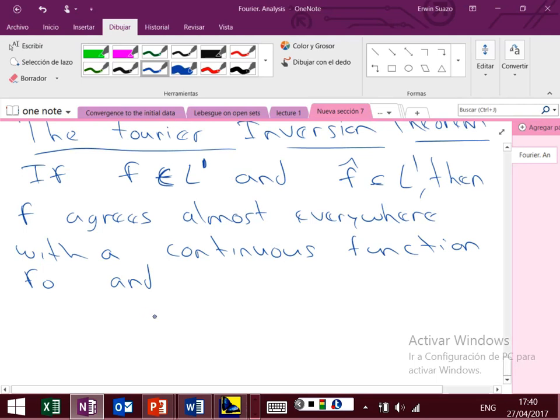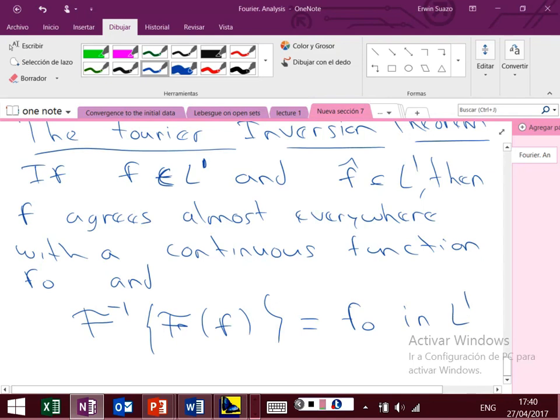So basically I want to say that the Fourier transform of f, and I take the inverse Fourier transform of that, is equal to f sub 0 in L1.